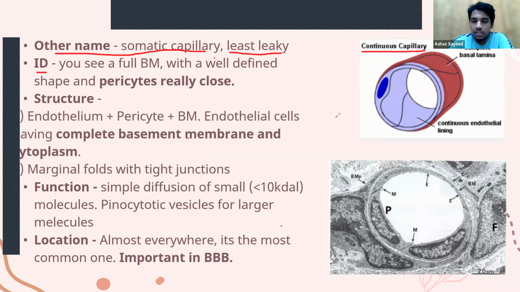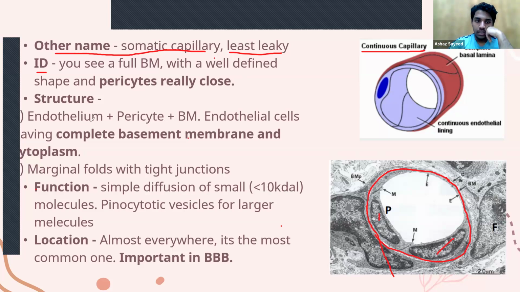You see a full basement membrane, the shape is well defined, and you have really close parasites. Look at the shape of this thing. It's pretty well defined, like a proper circle. It has parasites in there, and the basement membrane is complete.